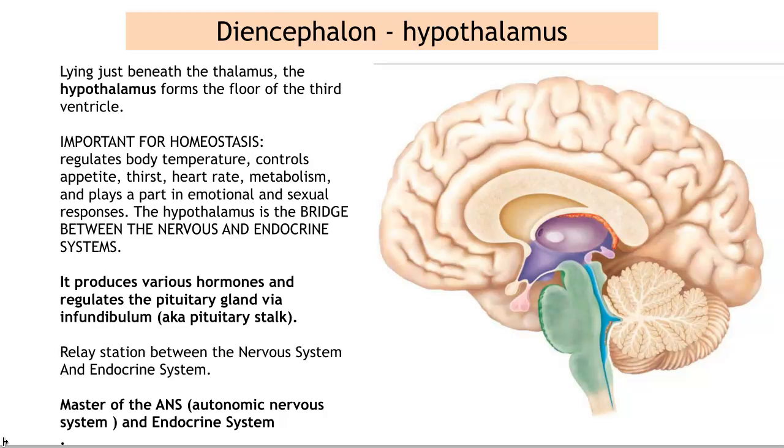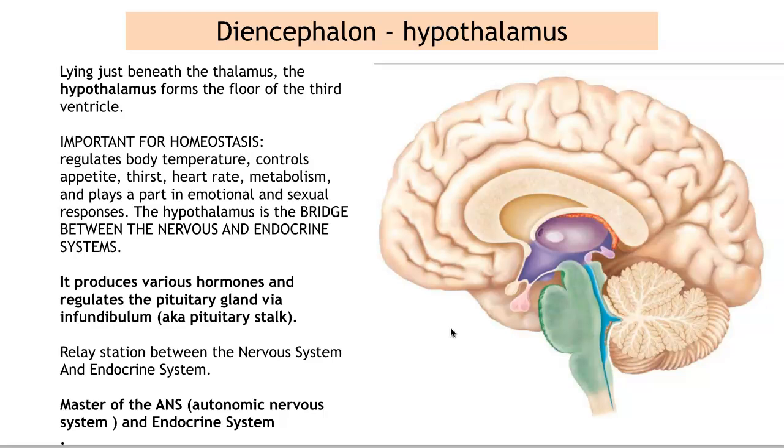Now let's go on to the hypothalamus. This little region down here that is connected to the pituitary gland, tiny little region, important for homeostasis. This guy does so much. Regulates body temperature, controls appetite, thirst, your heart rate, metabolism, plays an important part in emotional and sexual responses.